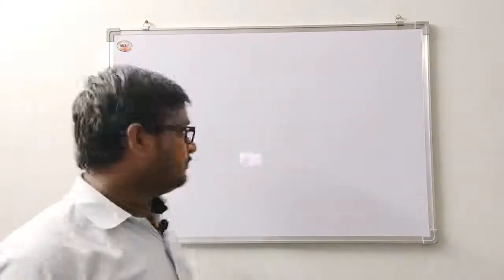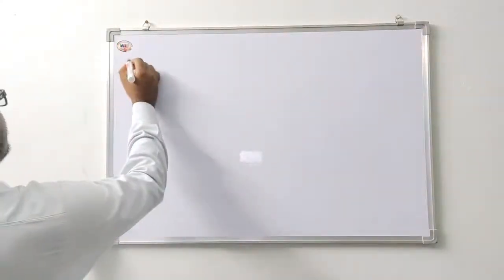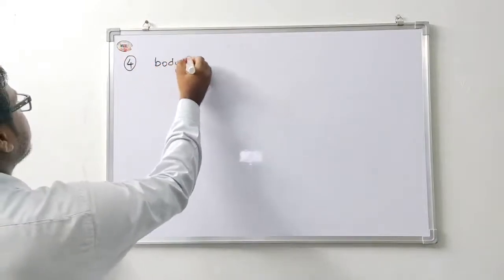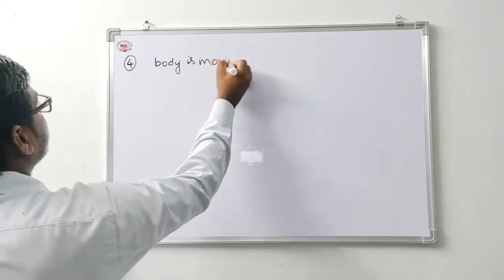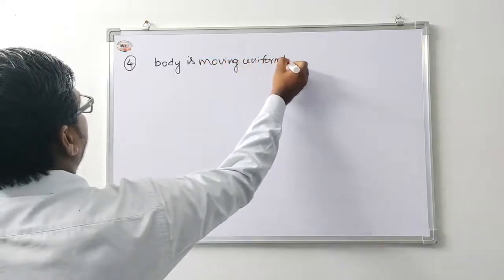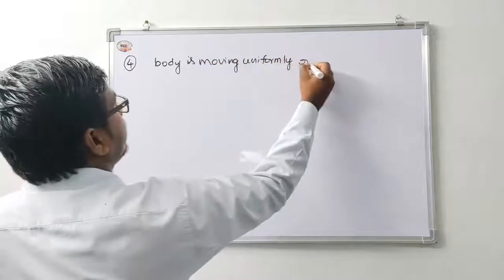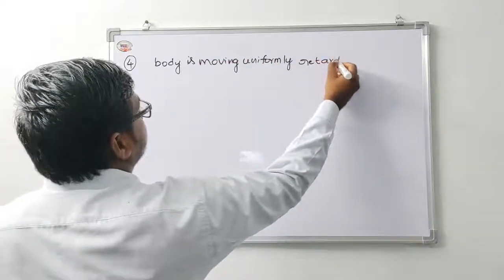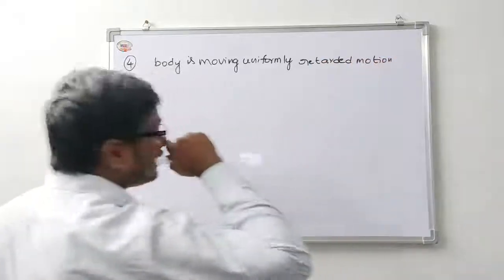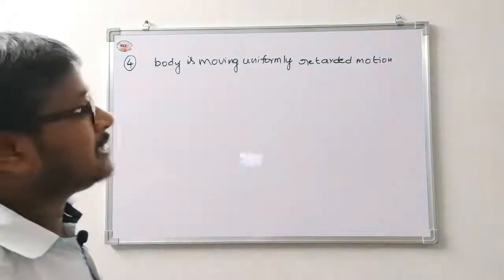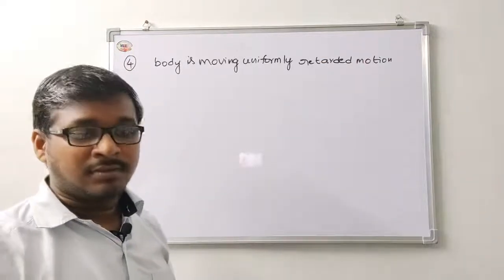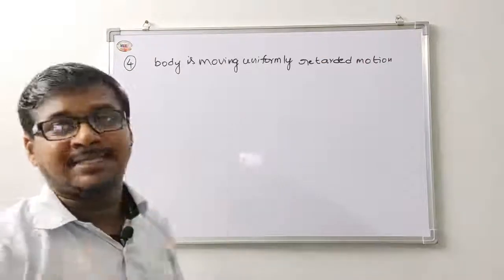In this fourth one, the body is moving in uniformly retarded motion. Retardation means the velocity is positive at first, then that velocity decreases.